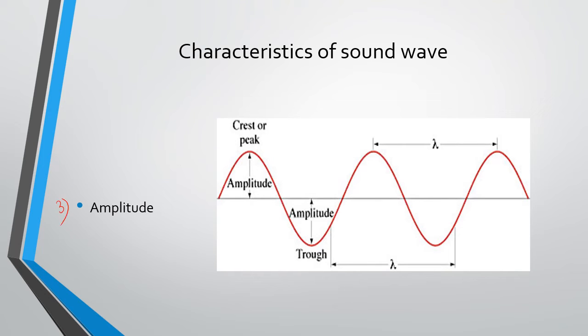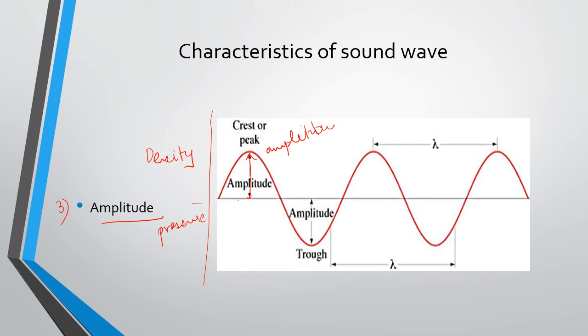The third characteristic of the sound wave is the amplitude. Now what is an amplitude? It is the maximum value of the pressure or density. Now we have seen the graph. So if I have to draw here, density or pressure, whichever is maximum, that is called the amplitude.